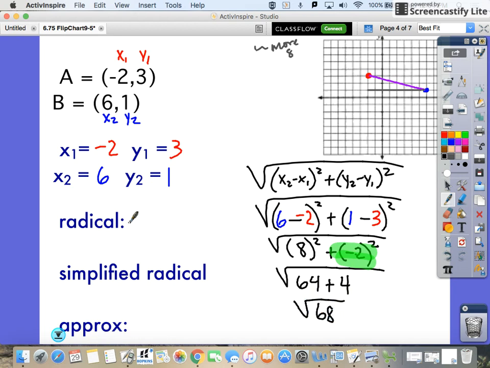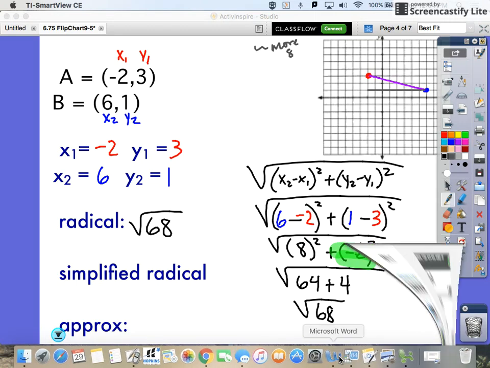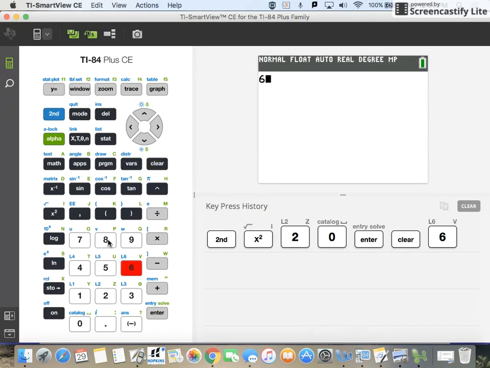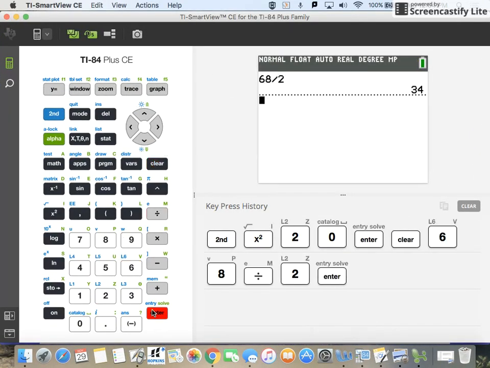All right, so the radical is square root 68. Simplified radical, okay. If we do 68 divided by our perfect squares, we're going to start at 34, but the first number closest to that in our list is 25.